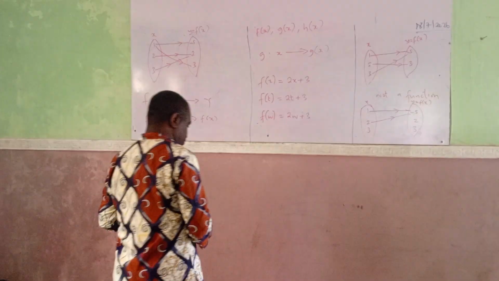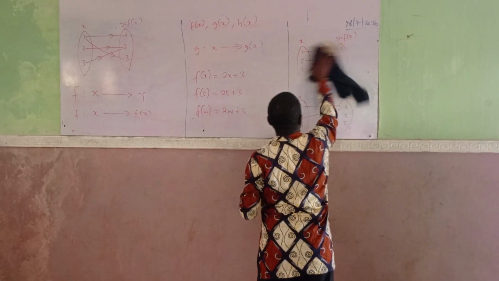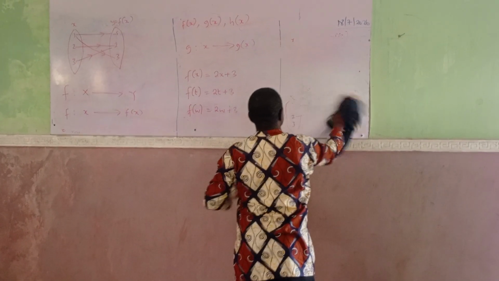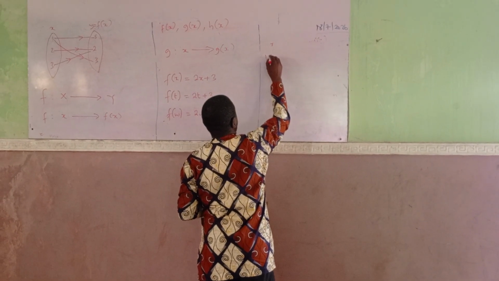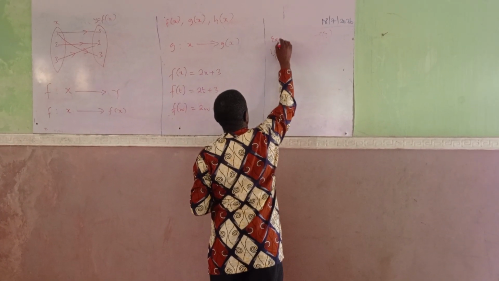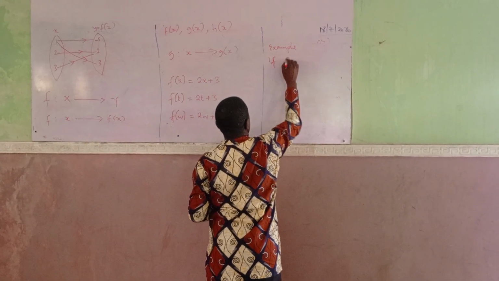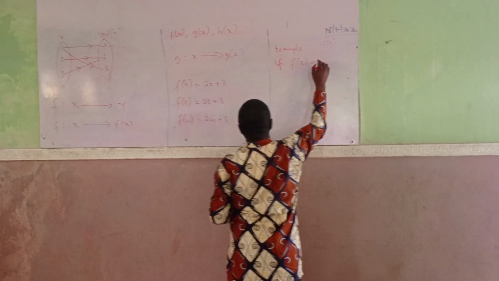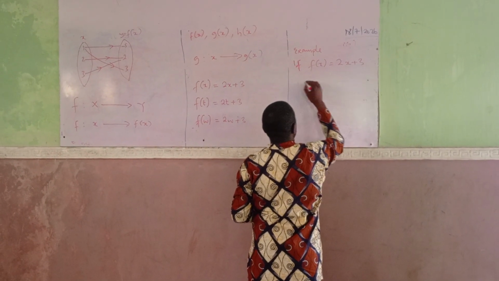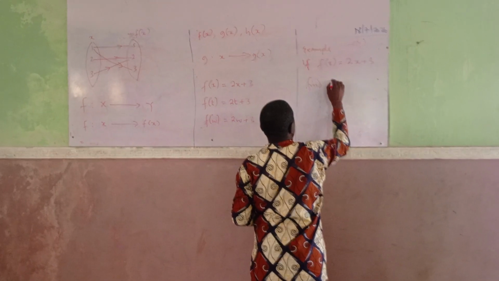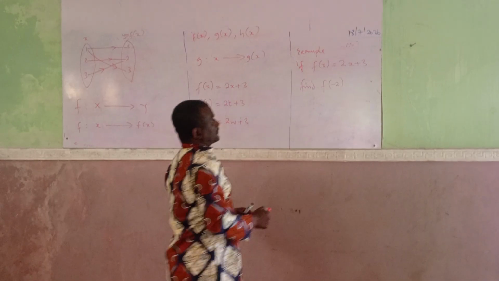Let's look at an example. Let's take an example here: if f of x is equal to 2x plus 3, and we are asked to find f of minus 2, for instance.